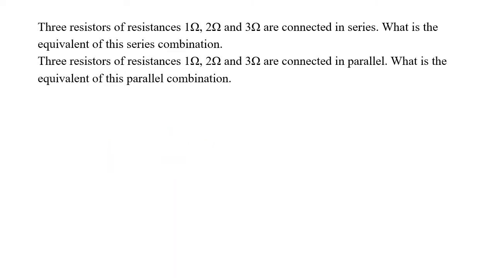Okay. Now we have got three resistors, 1 ohm, 2 ohm, 3 ohm connected in series. So we know the formula, resistance in series is R1 plus R2 plus R3. So that is 1 plus 2 plus 3 equal to 6 ohm. And also to check in parallel. So the formula, do you remember?